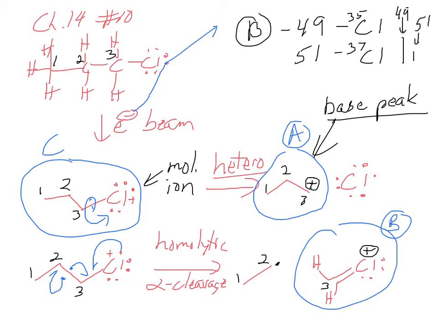All right, I may have misspoken. For a bromine versus a chlorine in these mass spectra, the carbon-bromine bond is so much weaker than a carbon-chlorine bond.